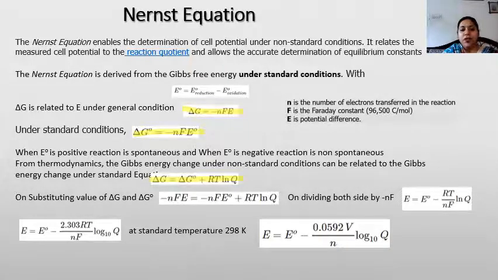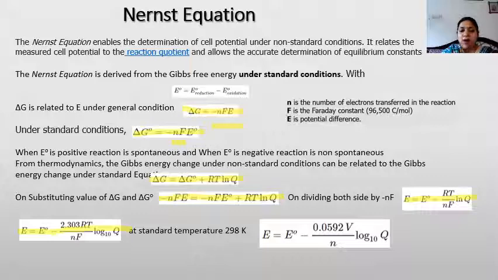So by putting the values of delta G and delta G naught from these two equations, the equation becomes minus nFE is equal to minus nFE naught plus RT log Q. On dividing both sides by minus nF, we get the equation E is equal to E naught minus RT upon nF log Q. The natural log will be converted into log base 10, and this gives E is equal to E naught minus 2.303 RT upon nF log Q.